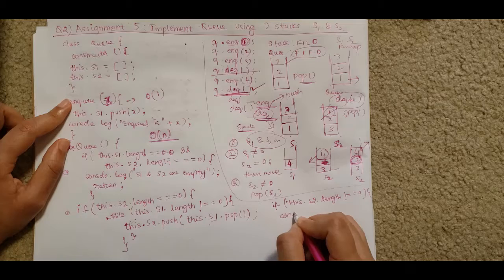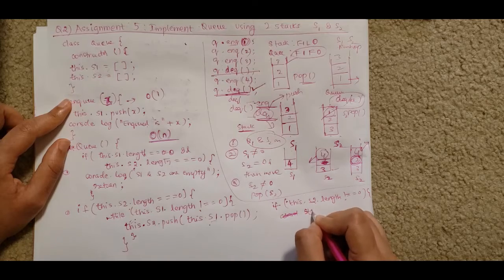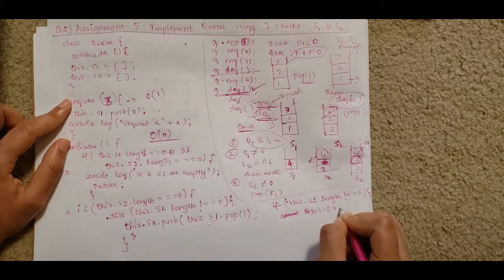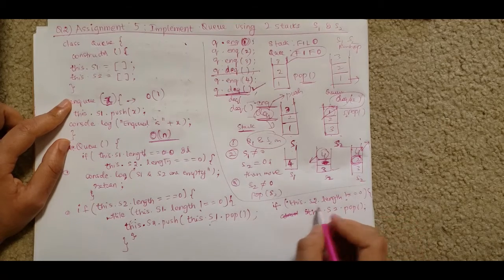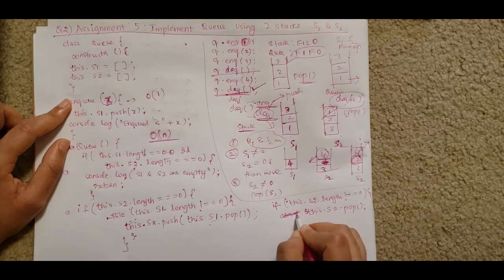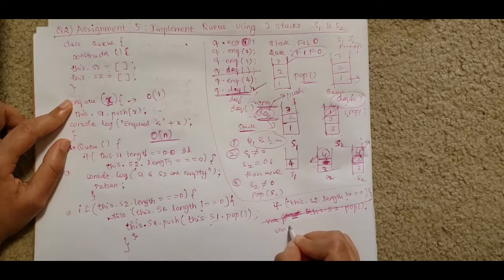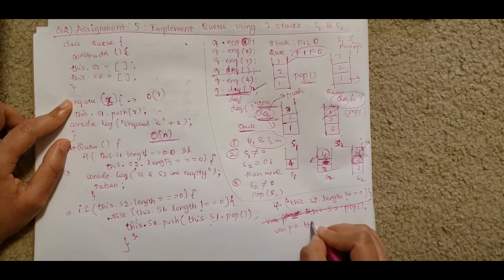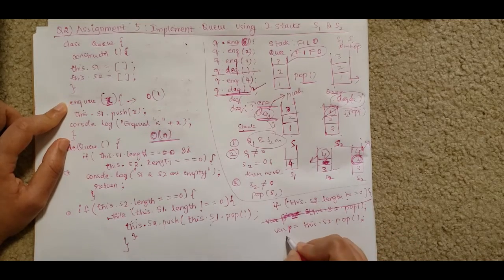To print it, I'll take a variable p, take the popped element from this dot s2 dot pop in variable p and then print it.